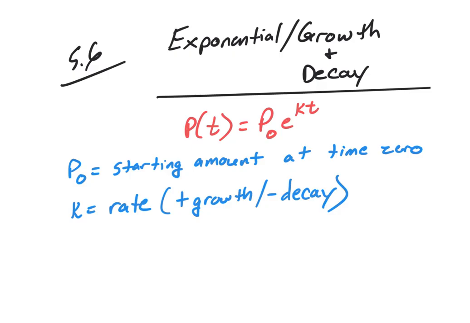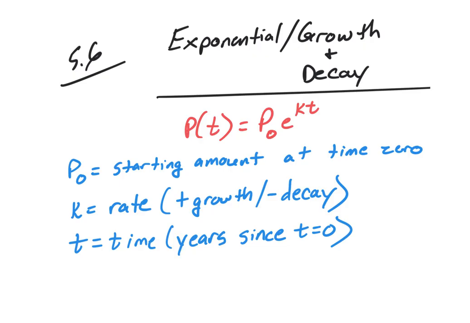So you could have a positive or a negative K value, and that'll tell you what direction it's going. And then T is time, and time is the number of years since T equals 0. So you have to know the starting point, and then how long it has been since then: 10 years, 20 years, however many years down the road.